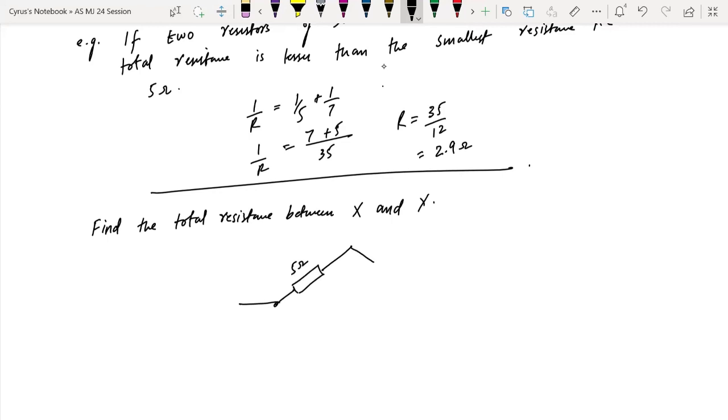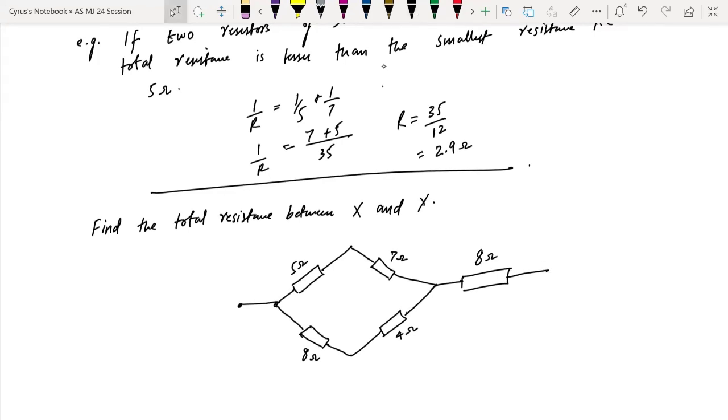Let's say we have another resistor here, and let's say this is 7 ohms. Let's say we have another resistor here. This is 8 ohms. We have 4 ohms here. And we have here another resistor which is 8 ohms. Let's say this point is X, let's say this point is Y.